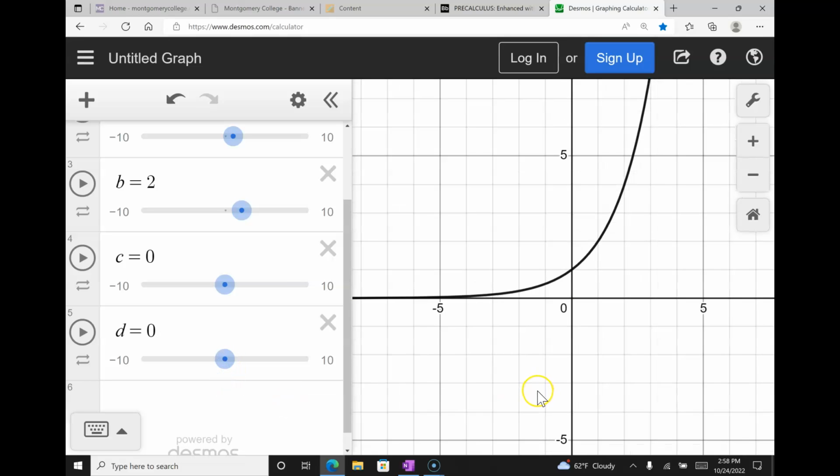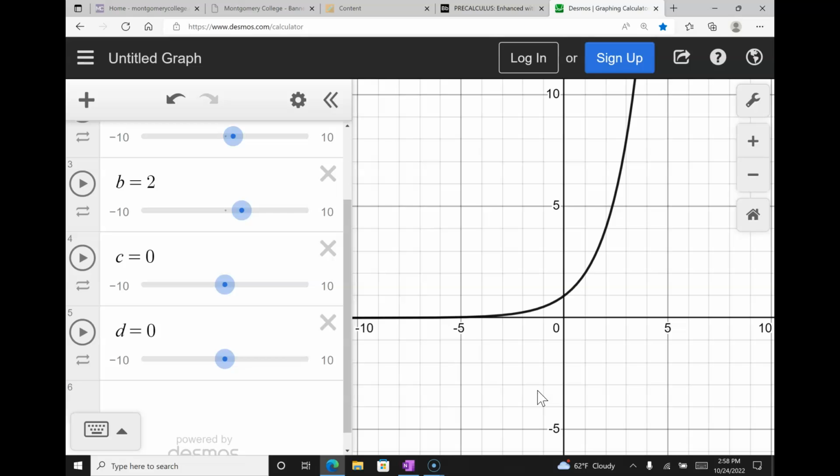So there it is. There's my exponential function. So what are some things you could state about this? Domain? Everything. Range? Not everything. 0 to infinity, but not 0, right? Horizontal asymptote? Yes. Right?